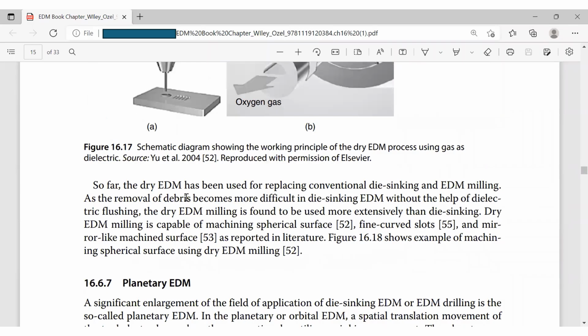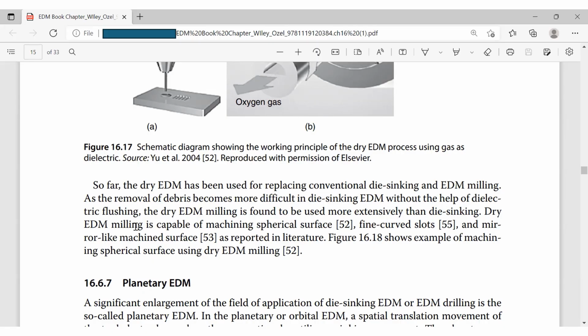So far, dry EDM has been used for replacing conventional die sinking and EDM milling, as the removal of debris becomes more difficult in die sinking EDM without the help of dielectric flushing. Dry EDM is found to be used more extensively than die sinking.